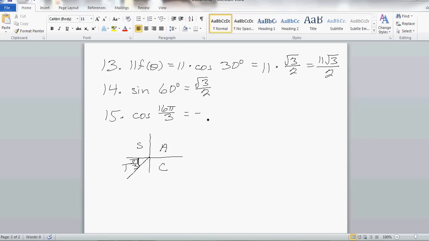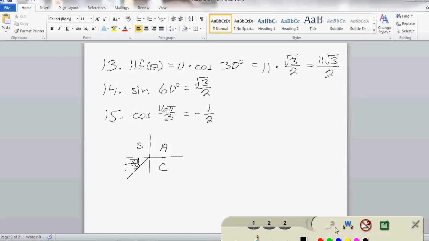Well, that is in our table, and the cosine of pi over 3 is 1/2. We've already determined that our secant is negative, and so our final answer is negative 1/2. And we will finish this section up in the next video.